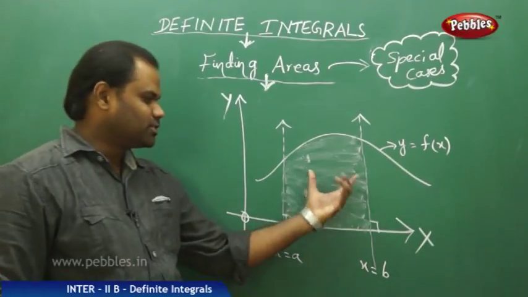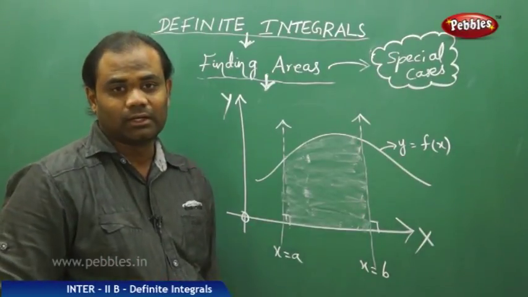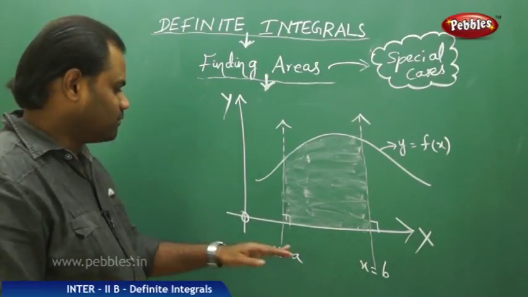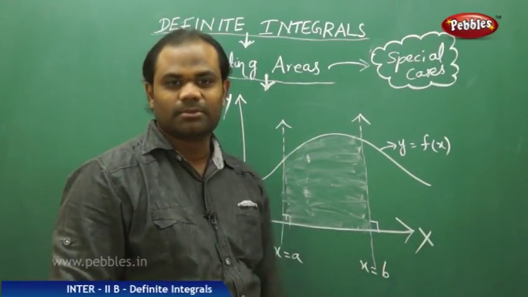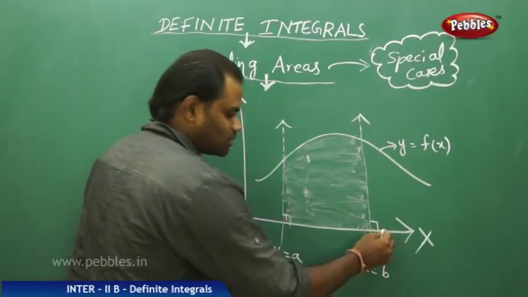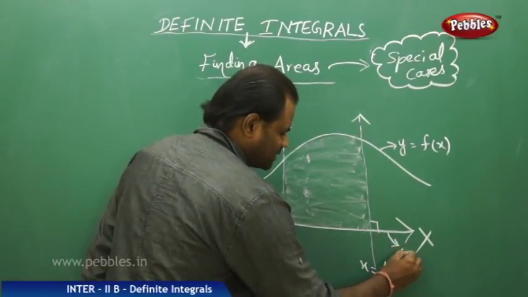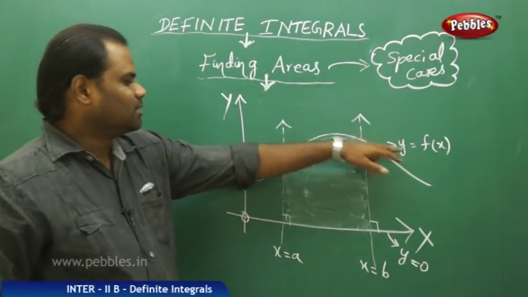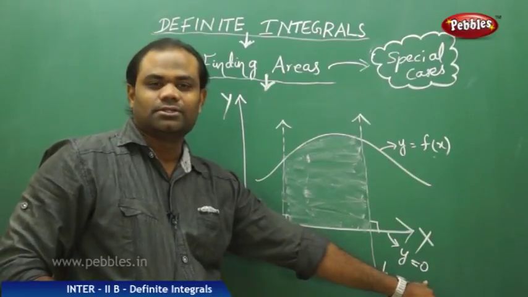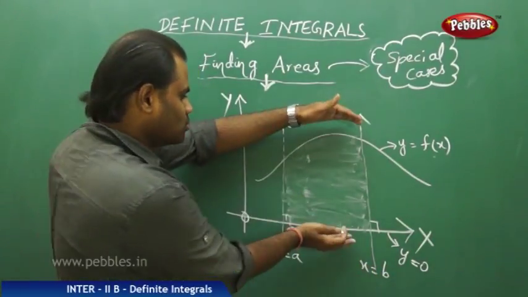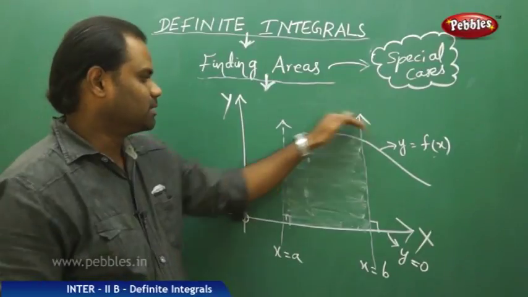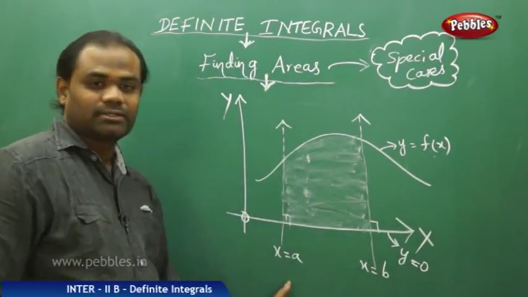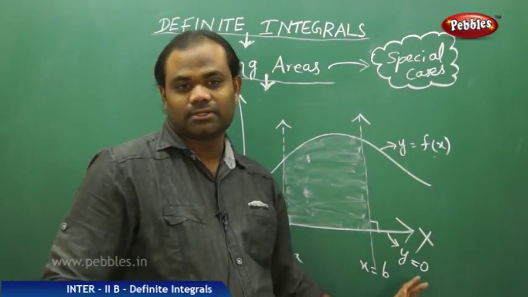So in order to find this shaded region, we have only one curve, but the formula is for two curves. But here, as we identify that x-axis can also be taken as a curve, as assumed that equation of x-axis is y equal to 0. That is, this area is between the curves f of x and 0. So if I assume these two curves, then again the upper curve is y equal to f of x and the lower curve is y equal to 0, and the left bound is x equal to a and the right bound is x equal to b.